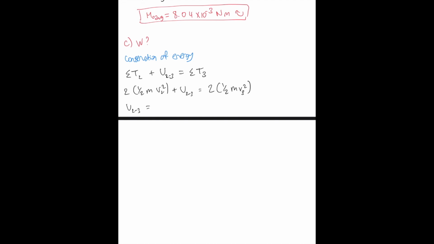And if we rearrange that and sub in r theta dot instead of our velocities, we get d cosine theta multiplied by theta dot 3 squared minus d cosine theta multiplied by theta dot 2 squared. We're going to simplify.